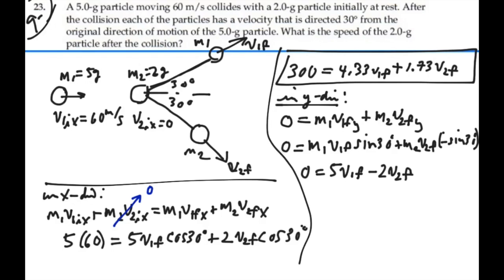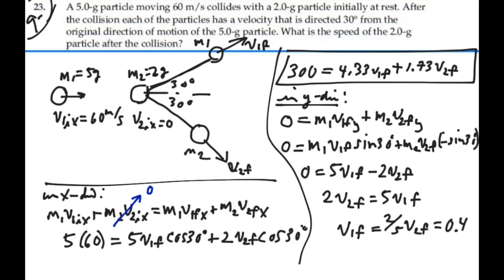In other words, 2 v2 final is equal to 5 v1 final, or v1 final is equal to 2/5 v2 final, which is 0.4 v2 final. Alright, nice to know.